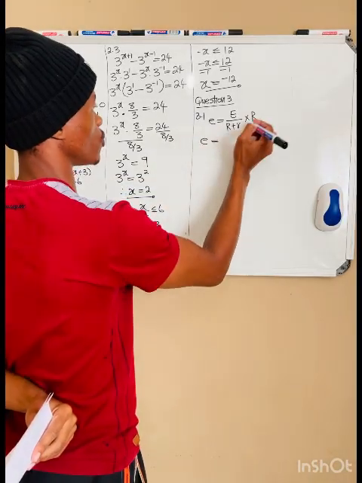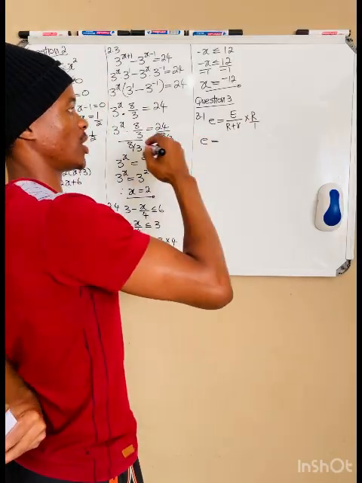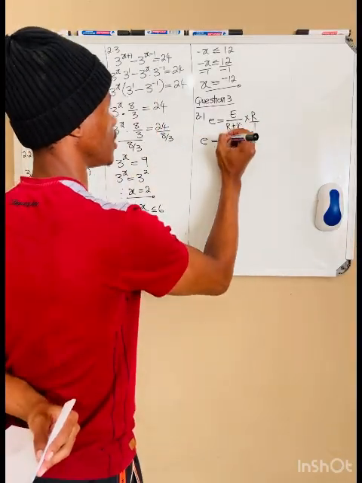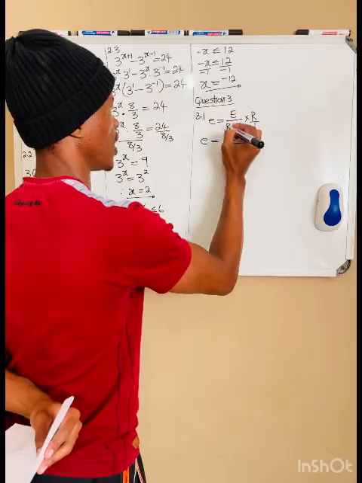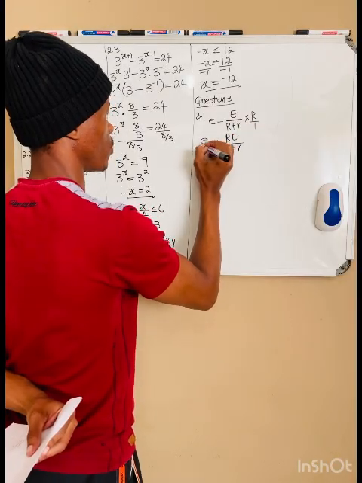This is the same as E equals, when this is over 1, and you multiply fractions, numerators together, denominators together. R times E gives RE, all over R plus R, over 1.